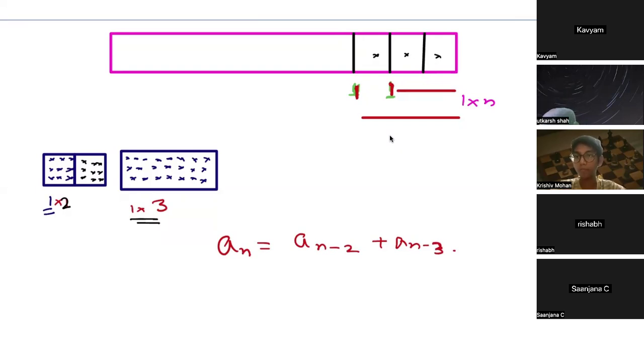Why 5? Either you have to end with 3, right? Or you have to end with 2. Then only you have to put 1 cross 2. Either you have to put 1 cross 2 or 1 cross 3. Is this okay? Right? Yes. And sorry, but this 100%, this will be the last one.